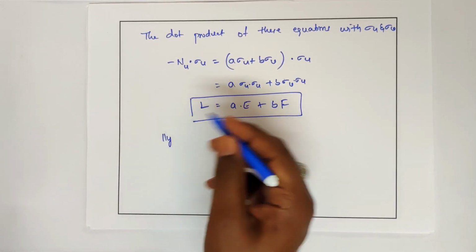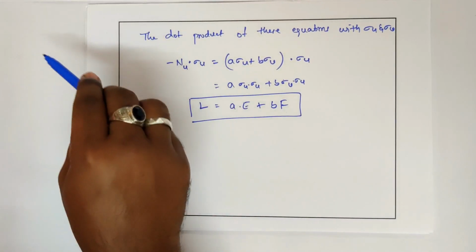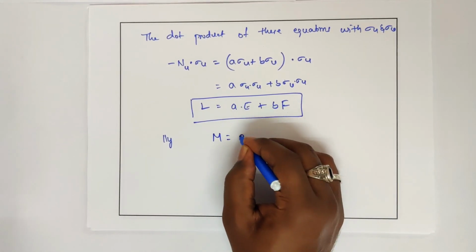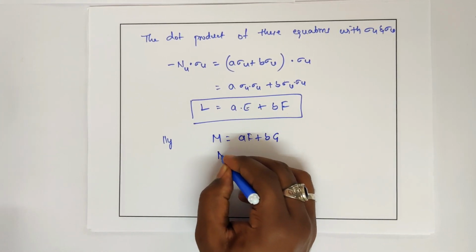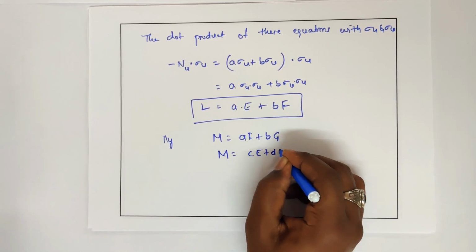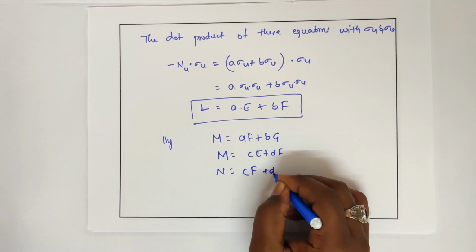Similarly, if you try to take the dot product of the negative nu with sigma u as well as the negative nv with these two, we will end up with these equations where we get M is equal to aF plus bG, and then another equation for M as cE plus dF, and an equation for N we obtain as cF plus dG.